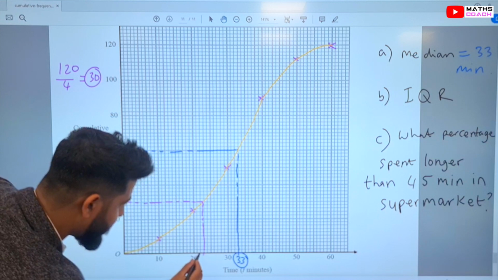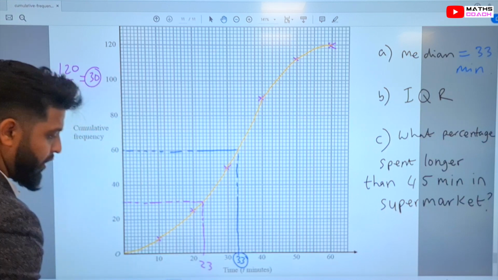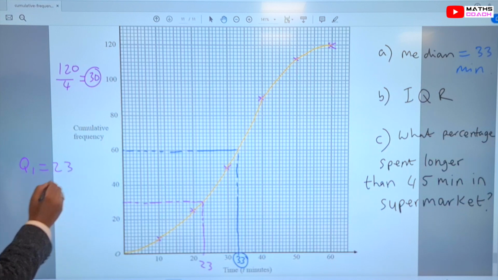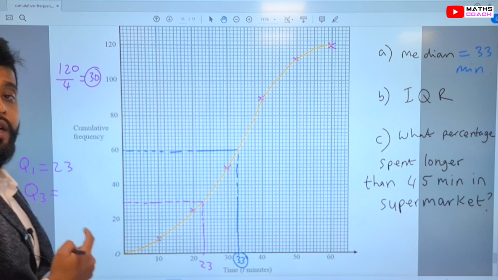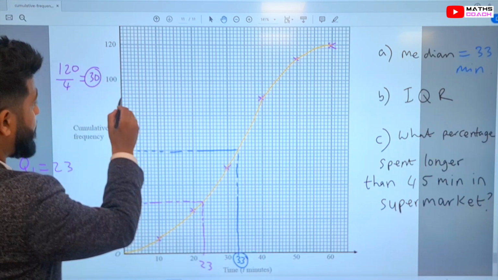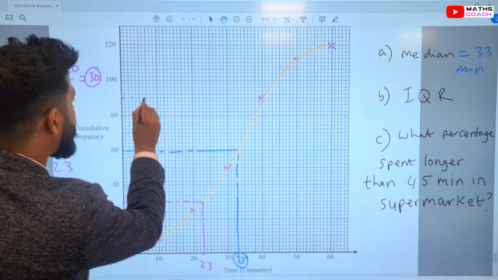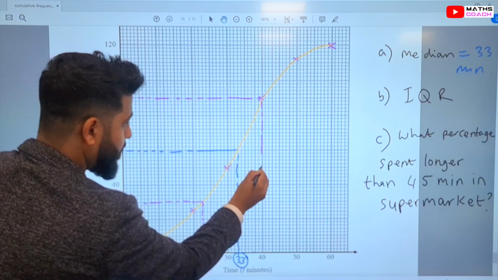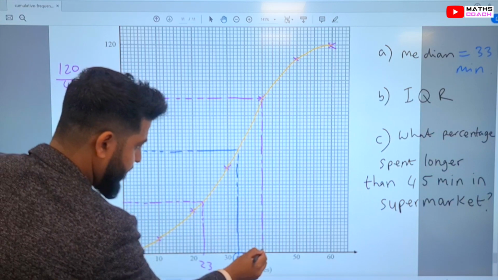So that's 21, 22, 23 I've got. So Q1 is 23. Now to find Q3, I can just take this value and times it by 3. So 30 times by 3 is 90. So I'll go to 90 right there, go across, and see where it hits.